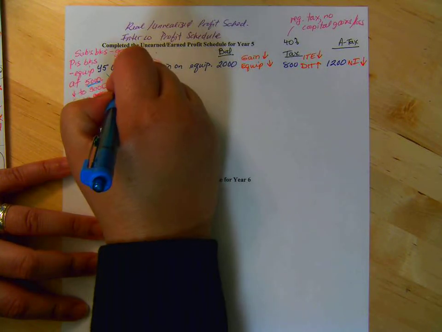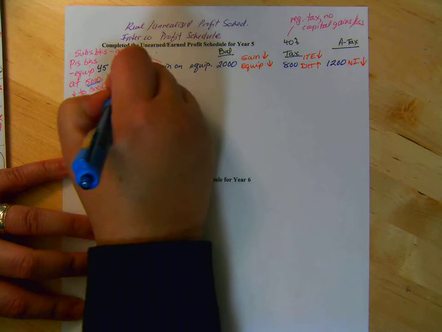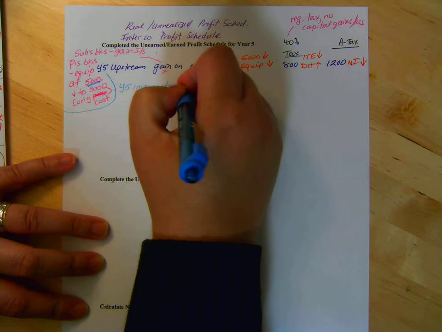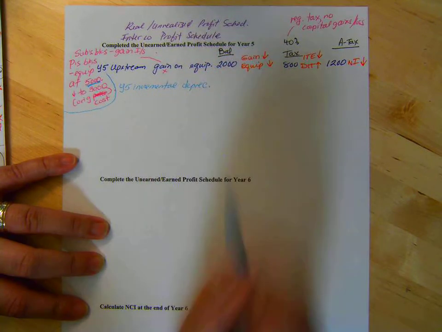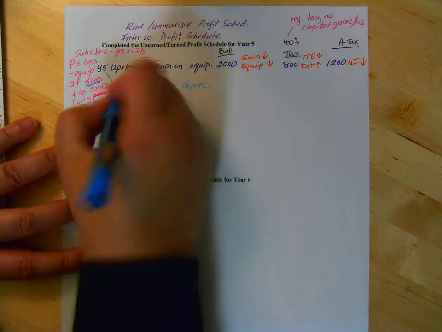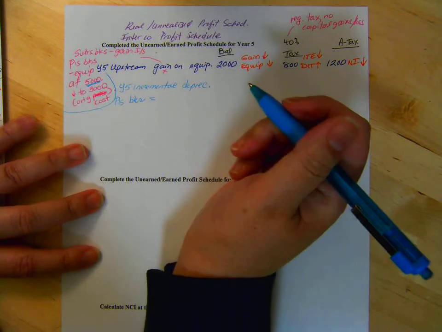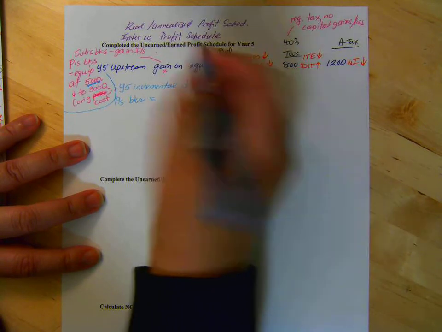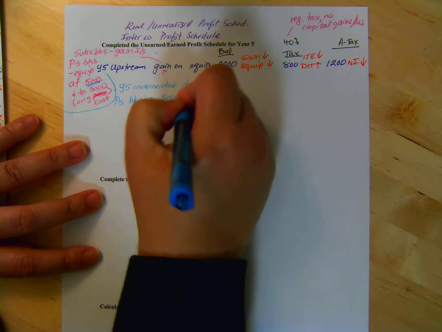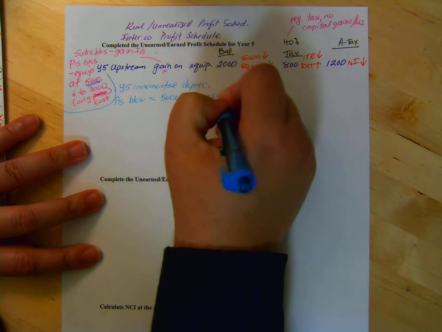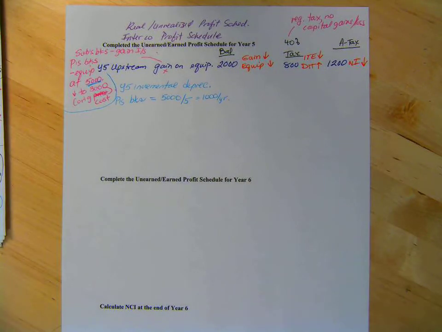So we're going to put year 5 incremental depreciation. Okay? So on the parent's books, what would they calculate their depreciation at? 5,000 divided by 5 equals 1,000 per year. Everybody good with that? So remember, the parent has it at 5,000.